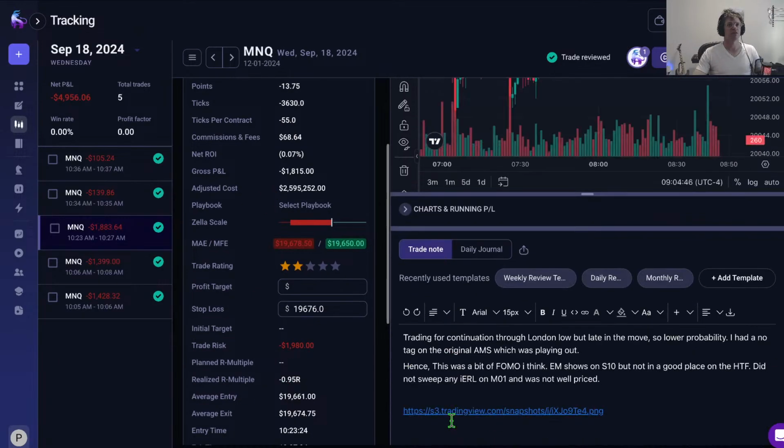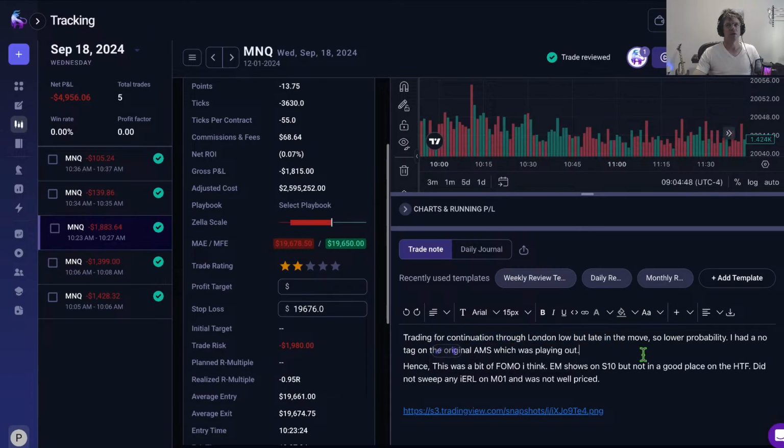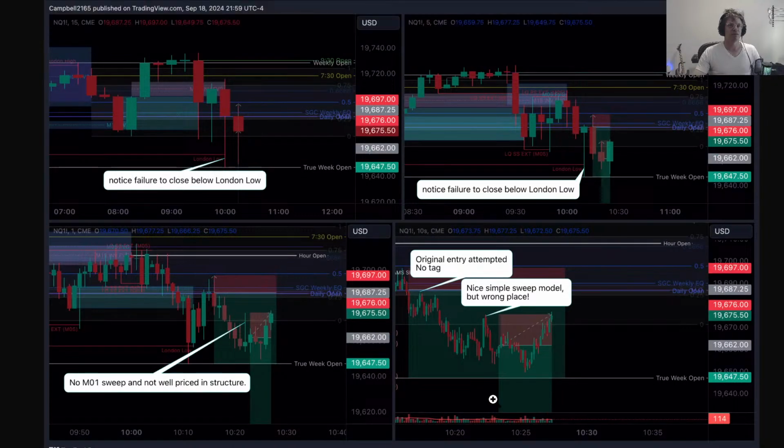We'll see here. This is a trade where I think there's a little bit of revenge FOMO. The original trade I had on didn't get tagged. It went down. It actually had met. You can't really see it, but there's a second deviation right here of that trade. So there's no reason to be trading from here down to the fourth deviation. We just swept London low.